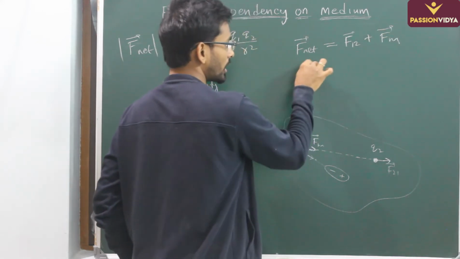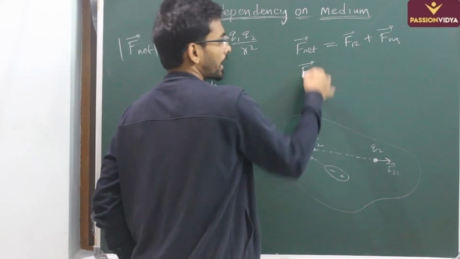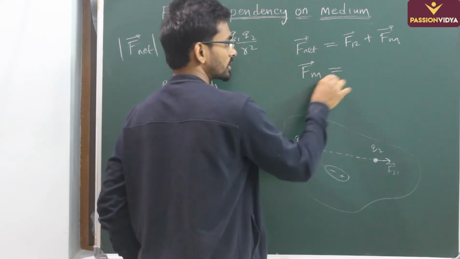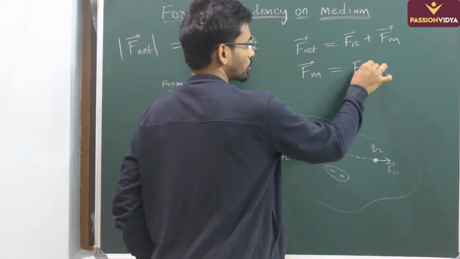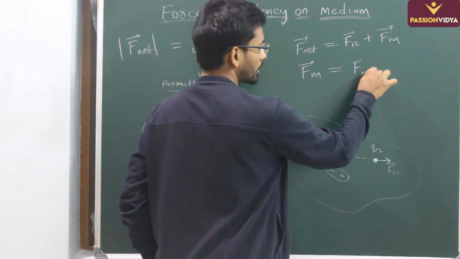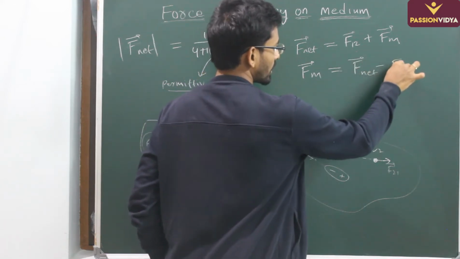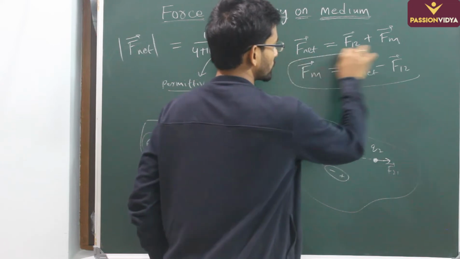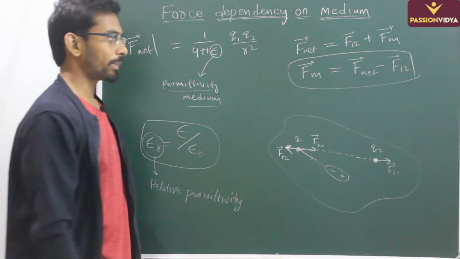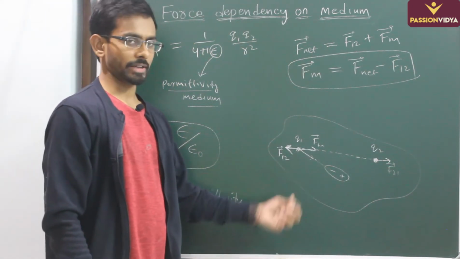So from here you will get the force applied by the medium on the charge as F net bar minus F12 bar. So this is the expression for the force applied by the medium on the charged particle.